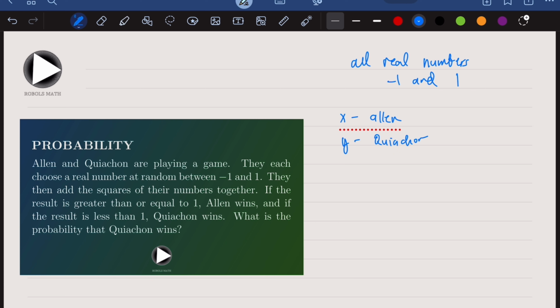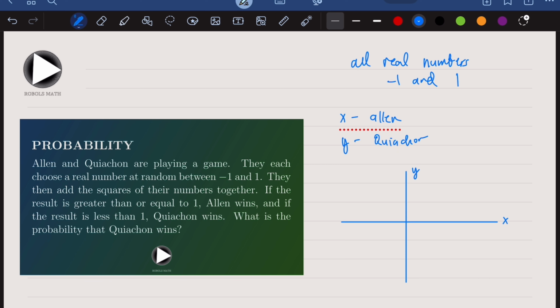Since we are choosing both numbers from -1 to 1, we can make a coordinate system, where the horizontal axis is X, which represents Alan's number. This is the y-axis and this is the x-axis. The y-axis is for Quaichon.